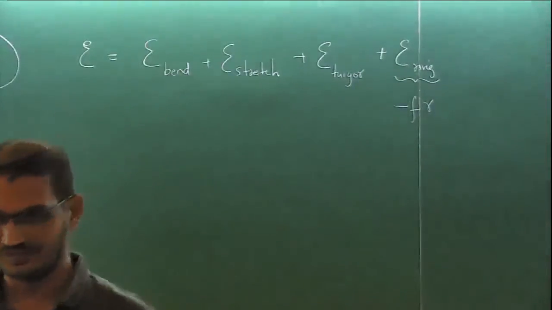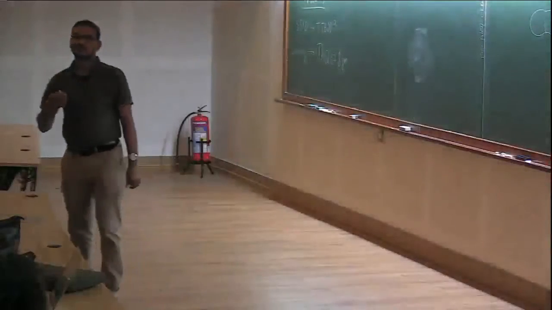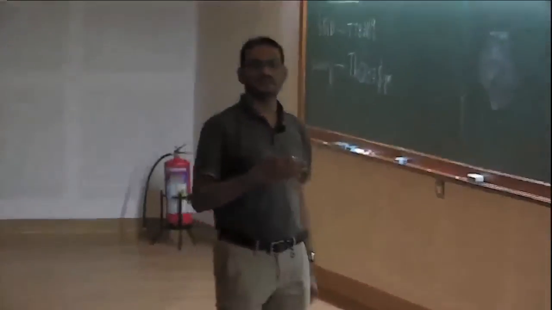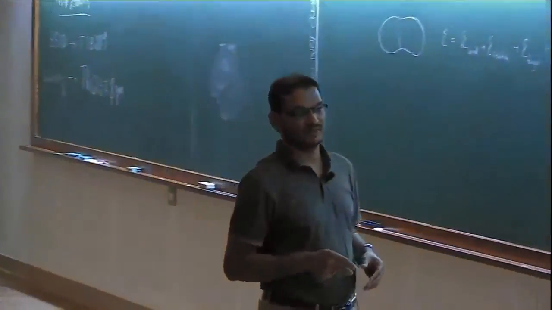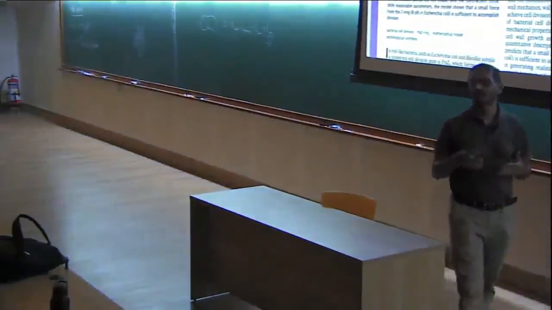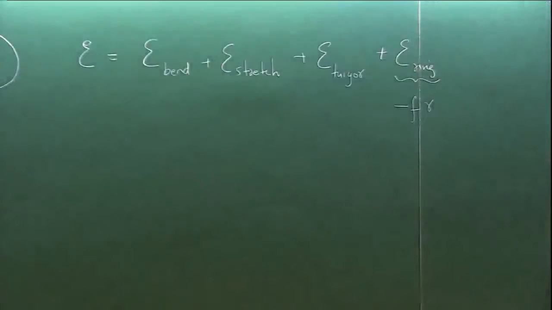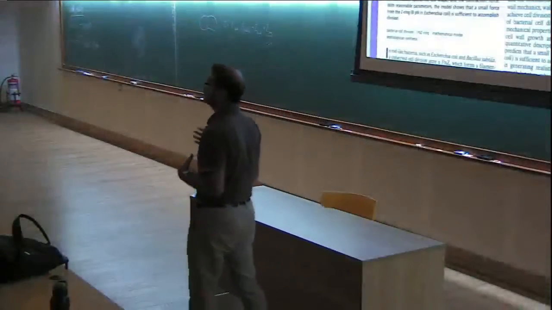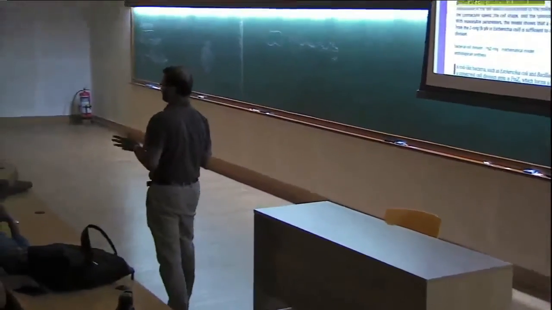So F is what they're trying to compute by finding the minimum of this energy, and figuring out what F should be so that the kind of deformations that have been observed in experiments can be reproduced. So that is the idea.